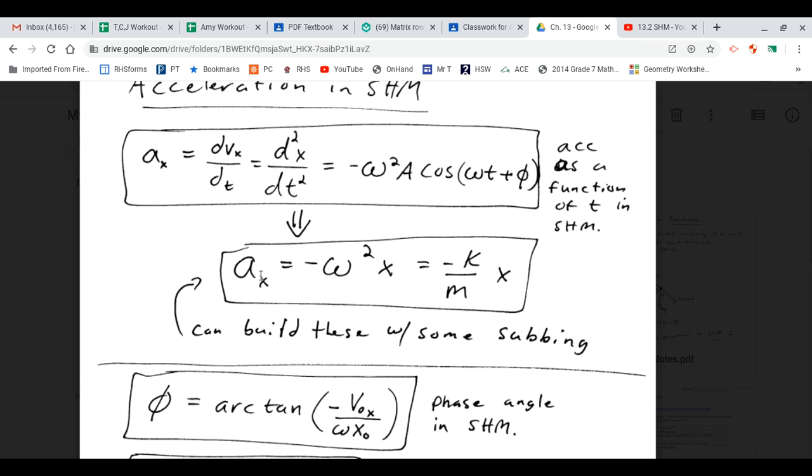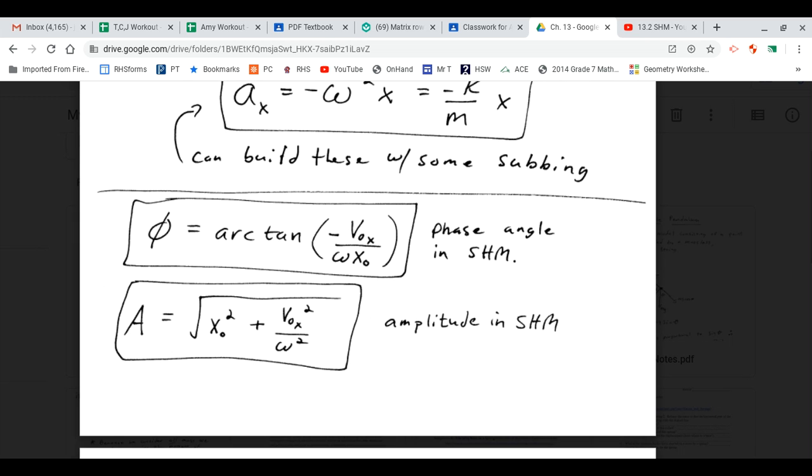Some of them being that the acceleration of the object in SHM is equal to negative omega squared times its position at any given moment x, or that is also equal to negative k, the spring constant, over m times any position at any time t, which is defined as x.